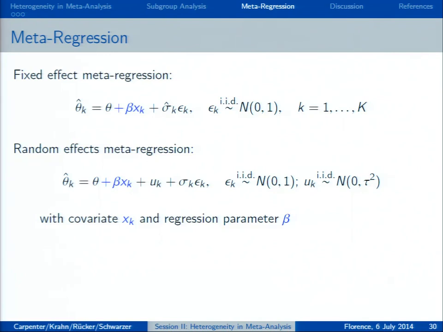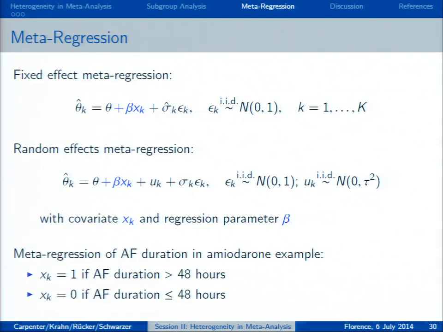So here's a fixed effects meta-regression. We're basically saying that here's the overall estimate, and then the effect we get for any study k depends on the covariate x_k mediated through this regression coefficient beta. Random effects is the same, but now we've added the heterogeneity term here, as usual, with variance tau squared.